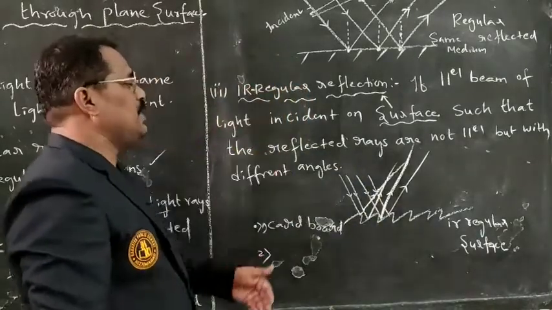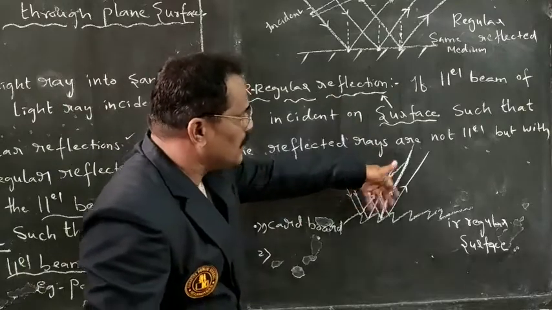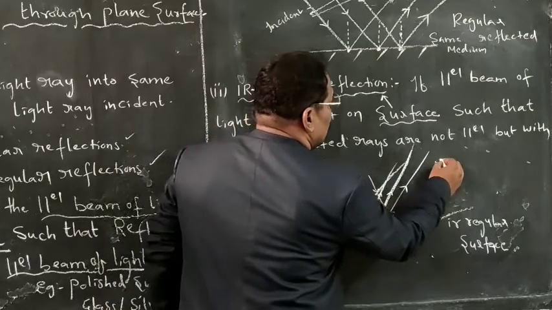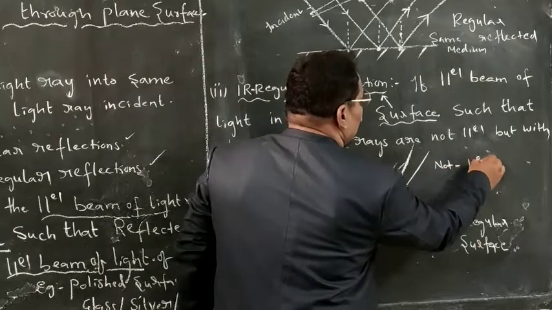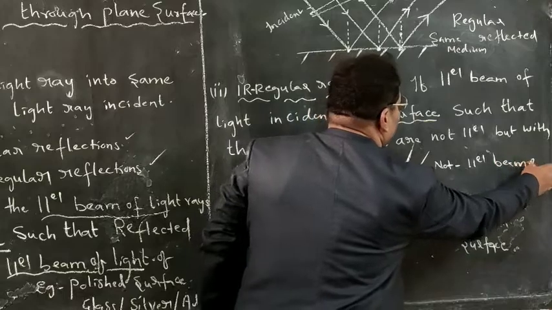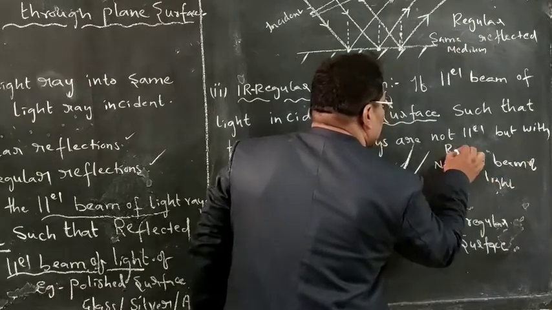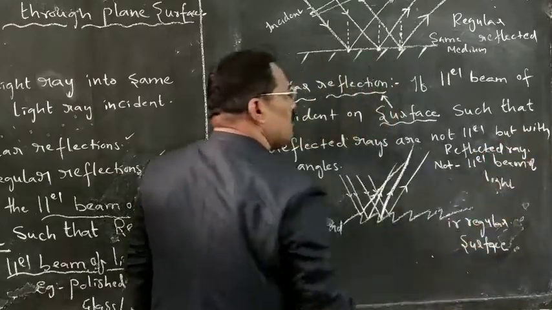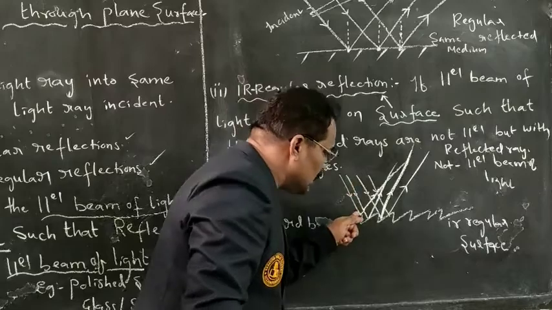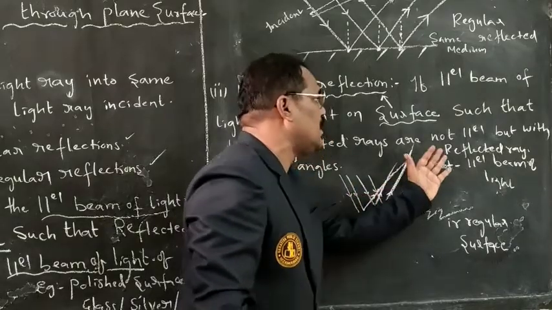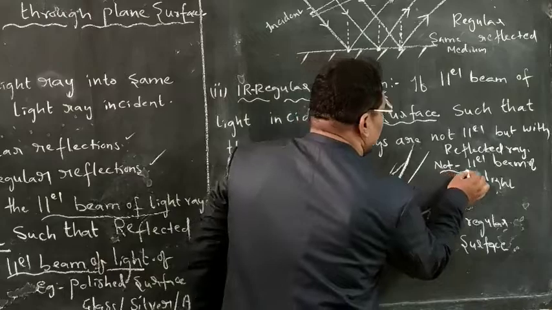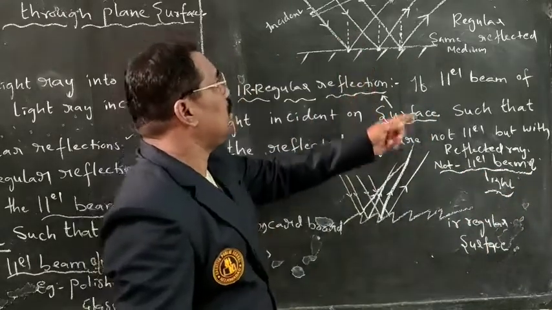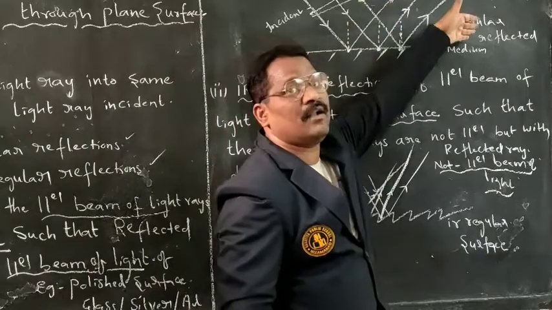On an irregular surface, when a parallel beam of light rays is incident, the reflected rays will not travel as a parallel beam of light. The point to keep in mind is that after being incident on the surface, the reflected rays never attain the nature of a parallel beam. Whereas in regular reflection, all the reflected rays attain parallel beam nature.